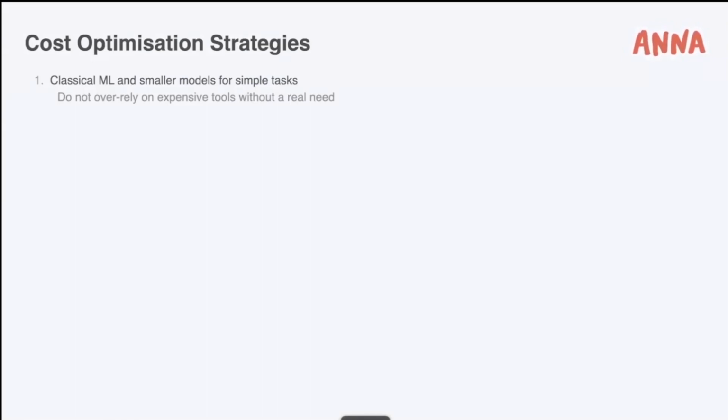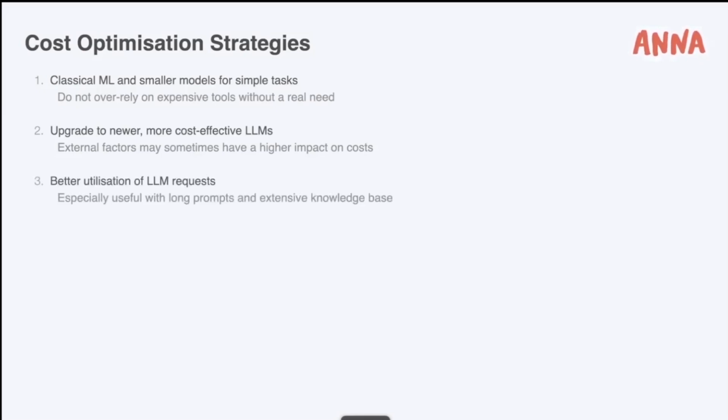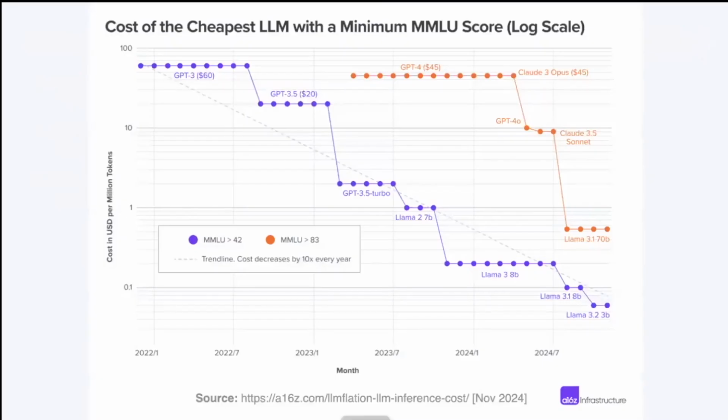Secondly, upgrading models is a cost optimization strategy in itself. They can be more cost effective, but even in our case, where the price was exactly the same, we utilized the context better and we could save money. I will share the results at the end of the presentation.